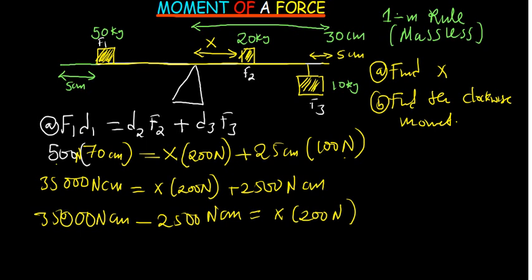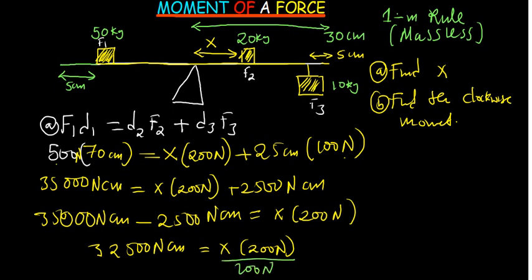So we're going to subtract 2,500 from 35,000. That is going to give us 32,500 Newton centimeter, and that is going to be x times 200 newtons. So to remain with x, divide both sides by 200 newtons.